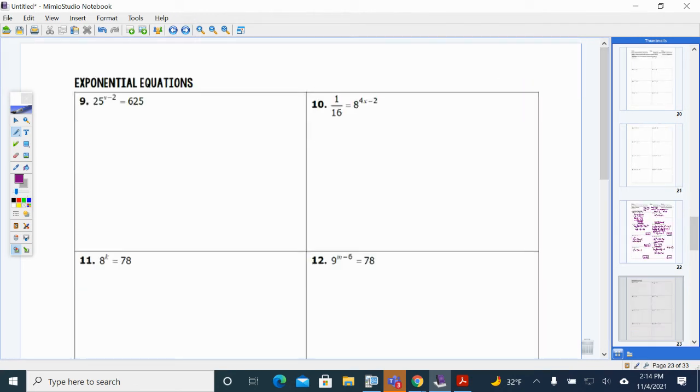These are our exponential equations. So there's two different things when you have exponential. With exponential equations, you either have same base or different bases. If you have same base, the same base on the left and on the right, then you're going to drop the base and solve.